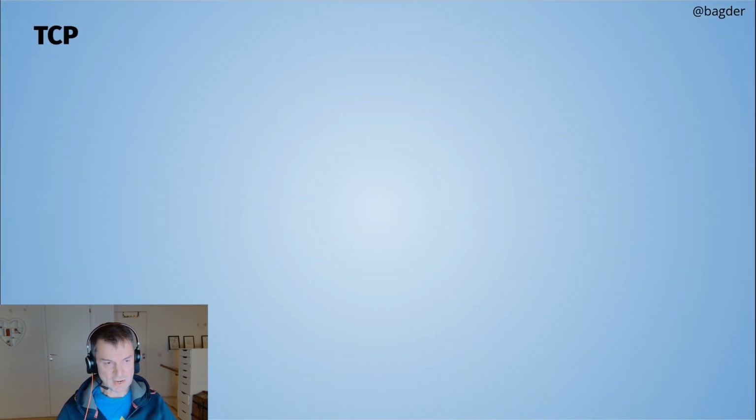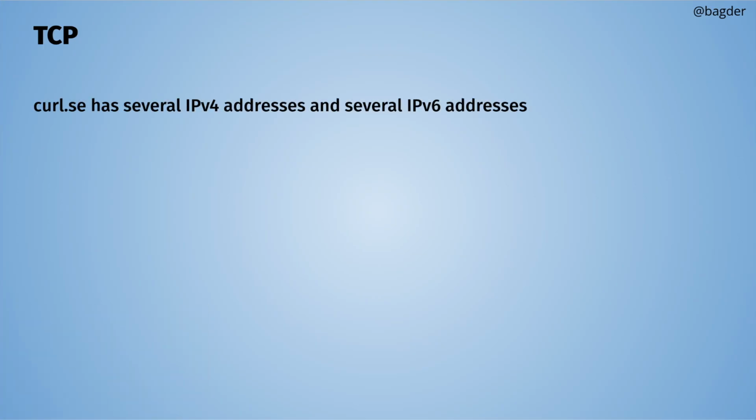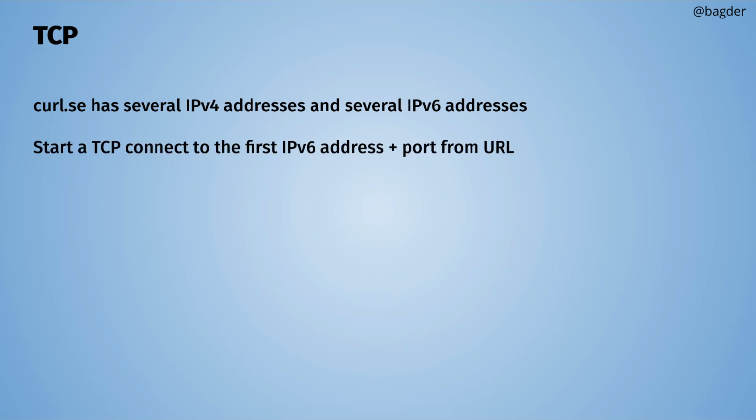And once we have the IP addresses, we want to connect to that using TCP, maybe, or in this case, we go with TCP. So we have multiple IPv4 addresses and multiple IPv6 addresses, and we start the first connect attempt to the first IPv6 address in the list, and the port number from the URL, 443, and we try a connect.